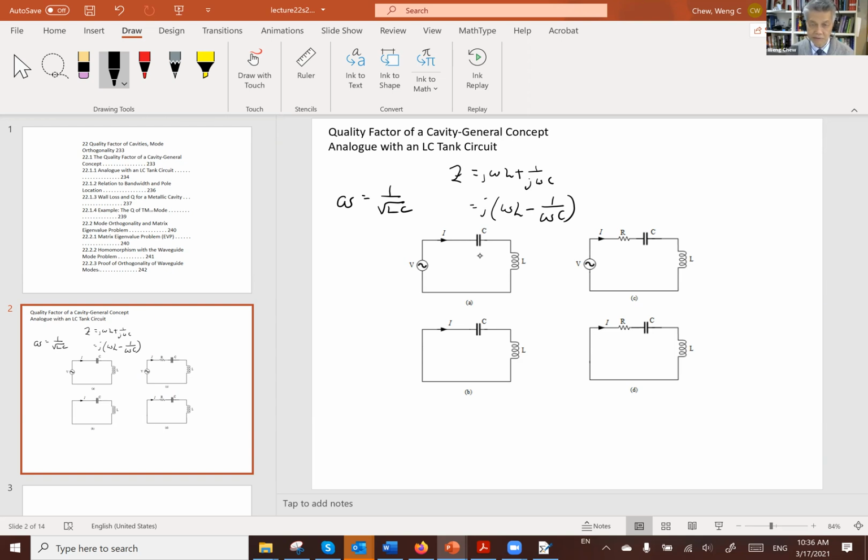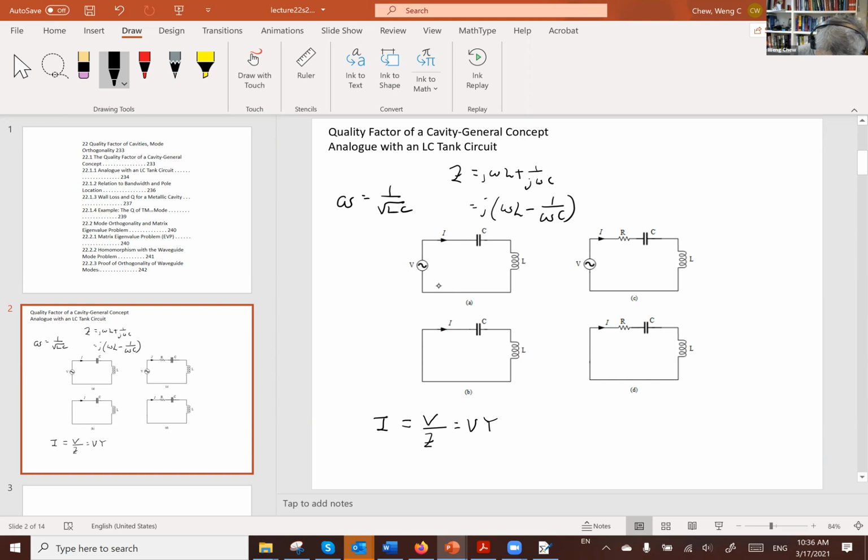When the impedance is 0, it means that you can take away the voltage source. The voltage source can be set to 0 because the current is given by the voltage divided by the impedance, or equal to the voltage times the admittance.